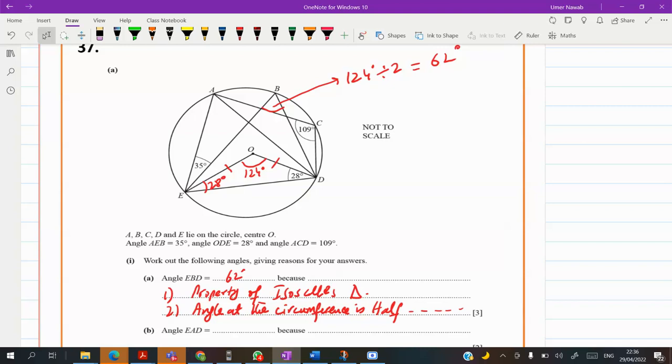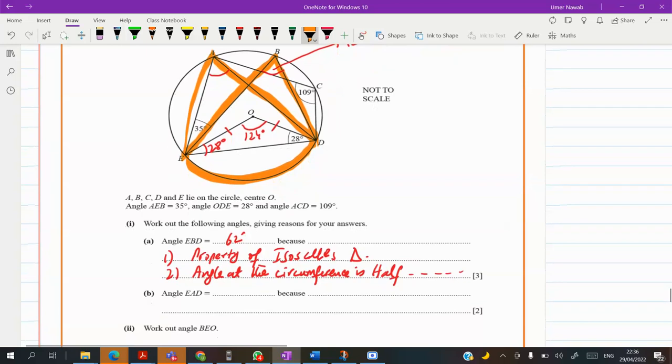EAD, this angle. So if we want to find this angle in the same segment, because he's using ED, this angle is the same as this angle. So this is also 62.